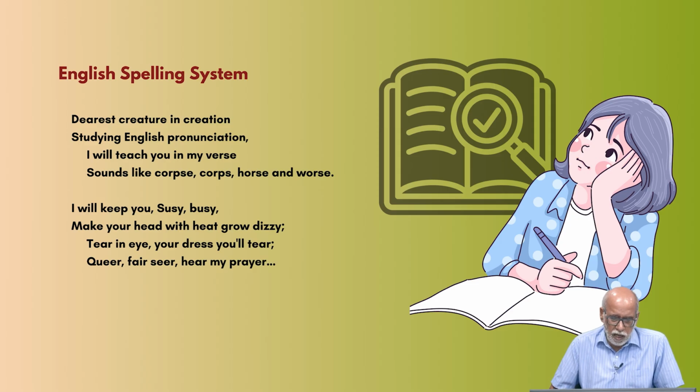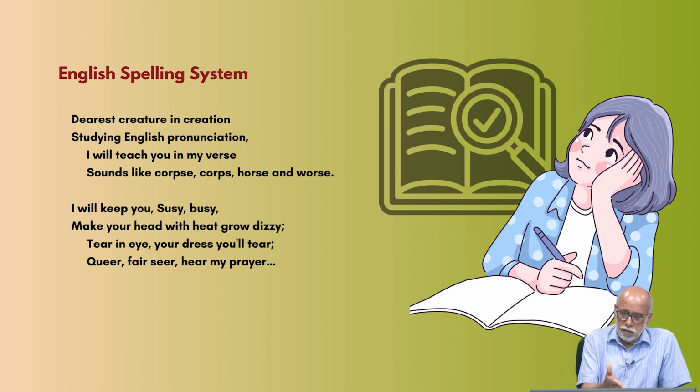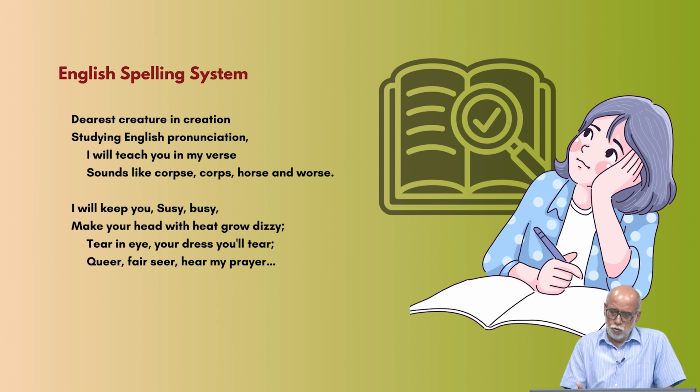I will teach you in my verse, verse is pronounced as verse, but the same O and then consonants become corpse, core, horse, worse. Next, stanza, I will keep you.